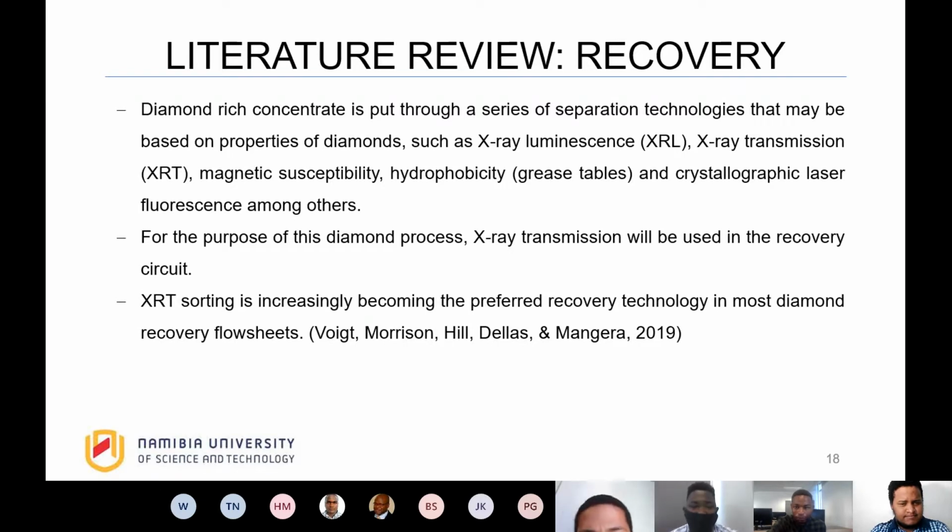For example, in Namibia, NAMDEP or the beers have started with the XRT machines, and a gold mine like Navaja also adopted the same procedure for their recovery at the DMS circuit, based on the work that has been done at NAMDEP. So, Dorian, next slide.